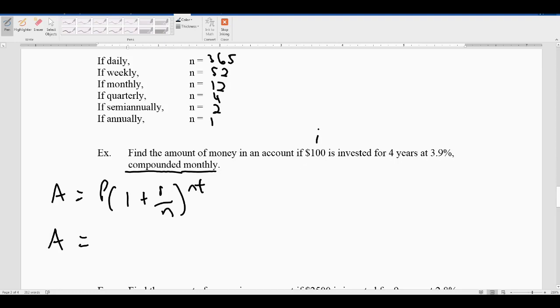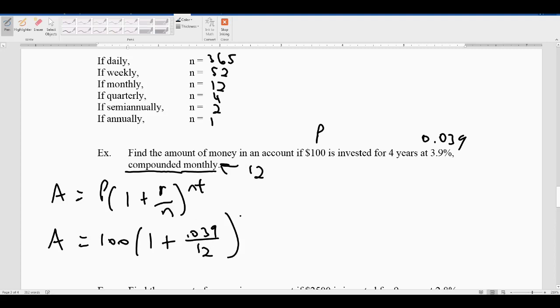So start with the P, which is $100. That's what you're investing. R, 3.9% is the same as 0.039 as a decimal. And then monthly, there's 12 months in a year. That's why I did this up here. 12 times T, which is 4.